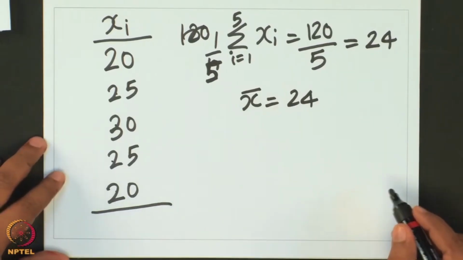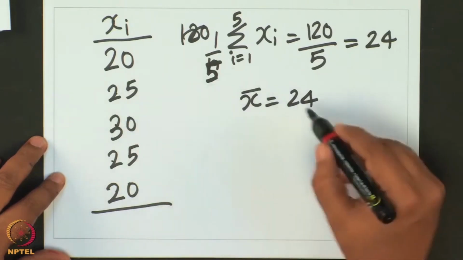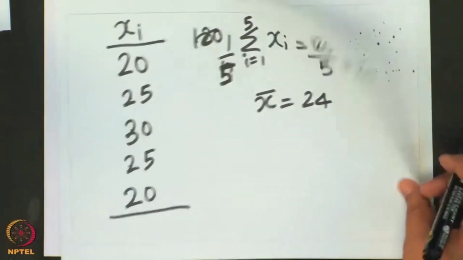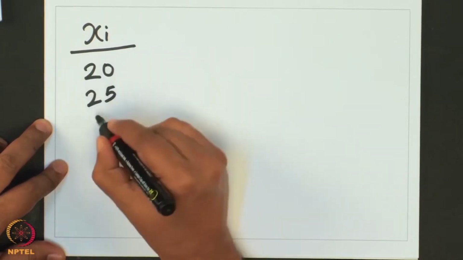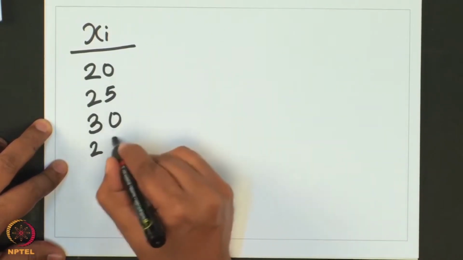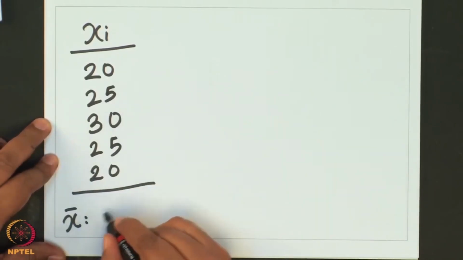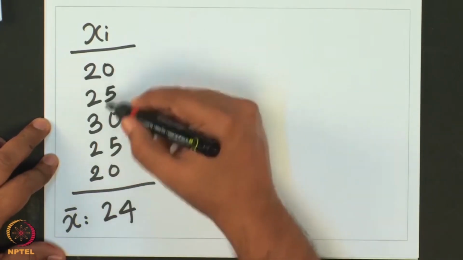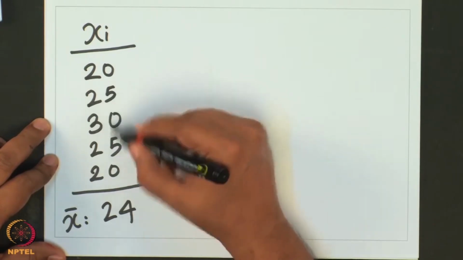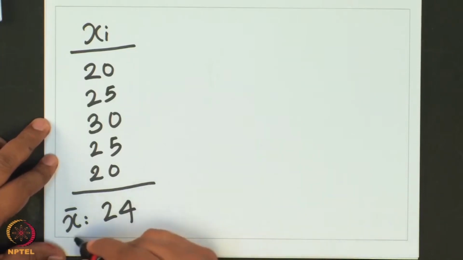Now what we need to do is subtract x bar from each of these numbers. Let us do this a little carefully. These numbers are 20, 25, 30, 25, 20, and the mean is x bar, which is 24.